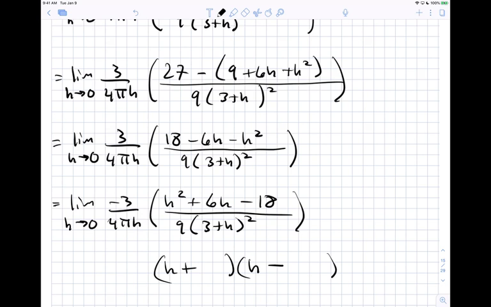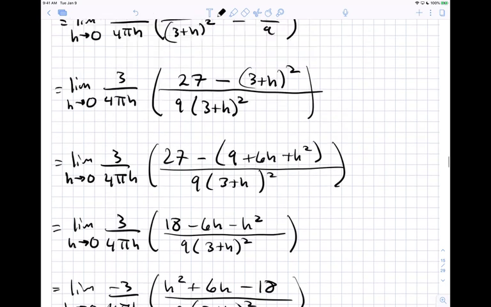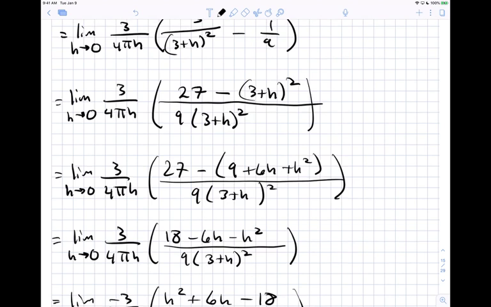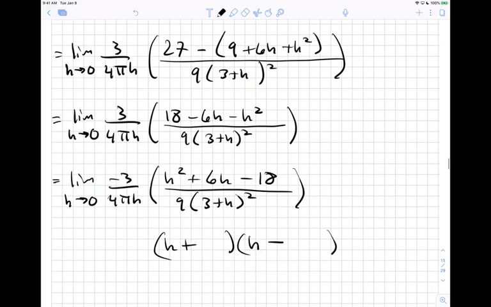You sure this is 6h? 3 plus h. I feel like we made a mistake somewhere because it's not able to factor. We're missing something somewhere.